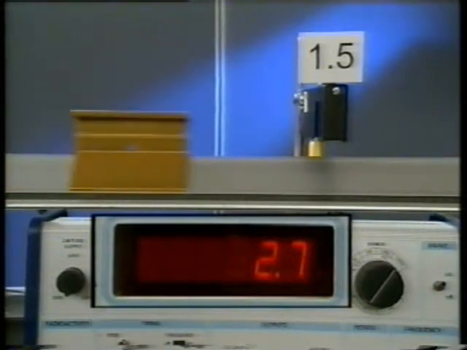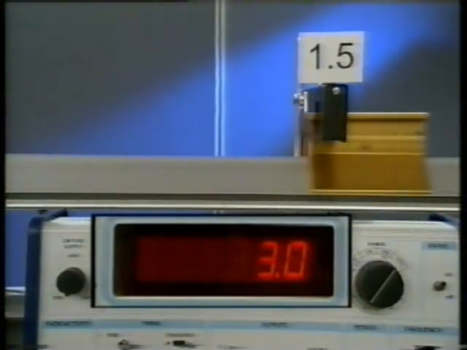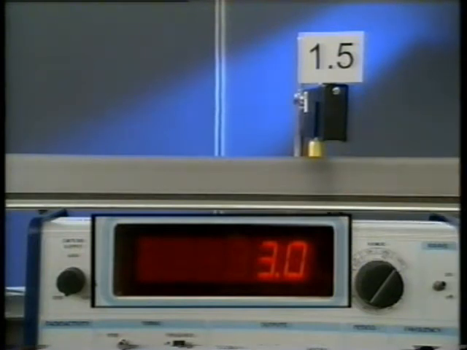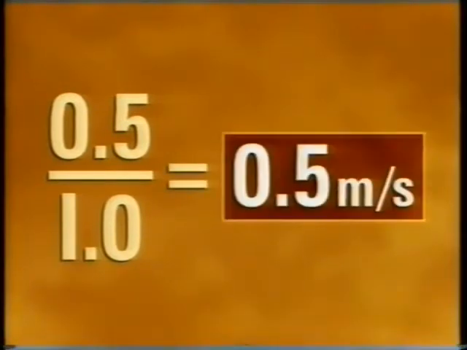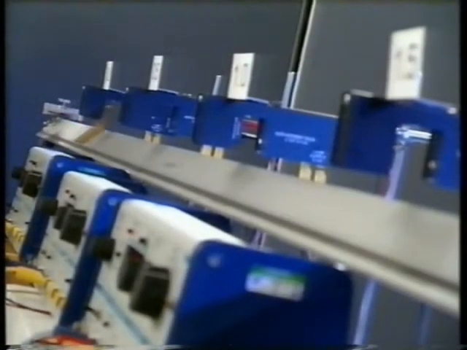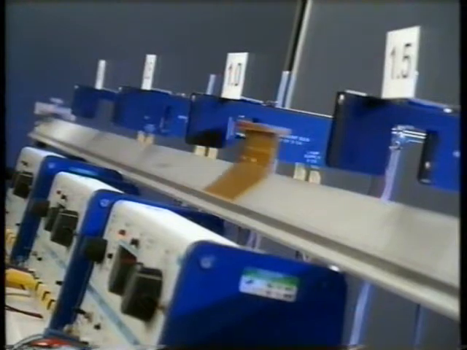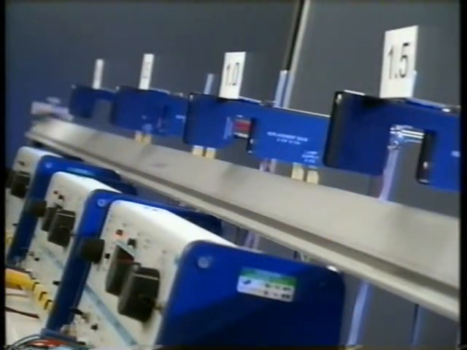To travel the third half metre, it also takes 1 second. Once again, the speed is 0.5 divided by 1, which is 0.5 metres per second. So the average speed of the glider was constant all the way along the track.